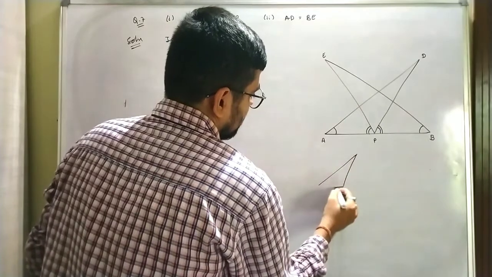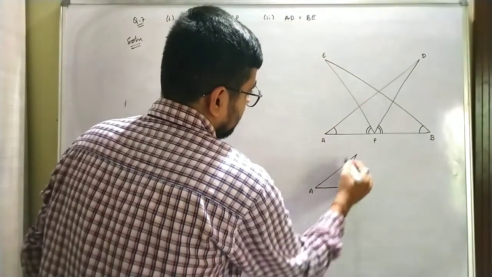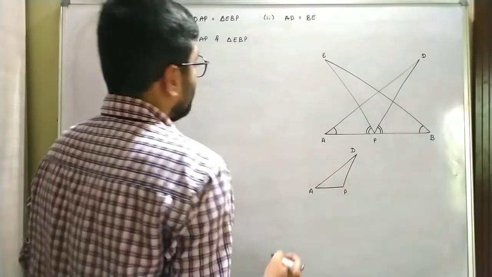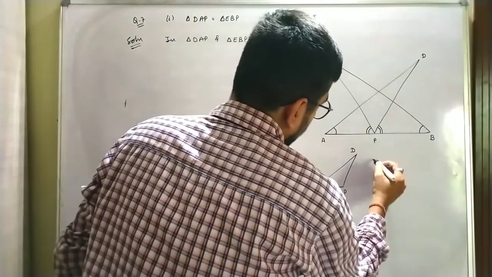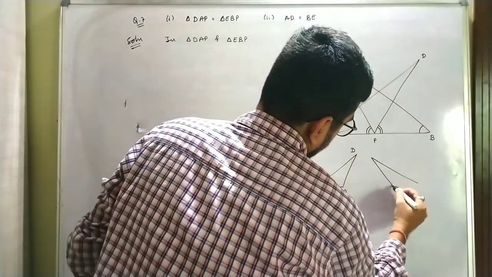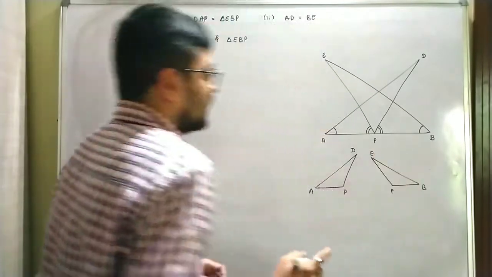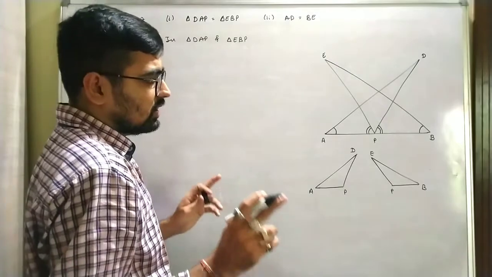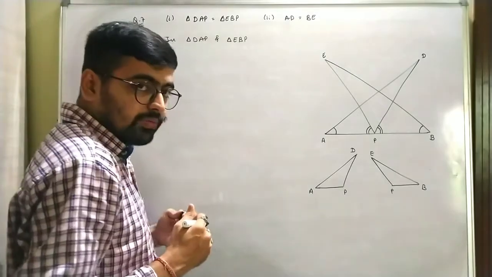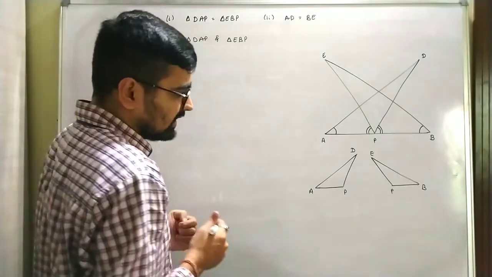This is DAP, and the second one is EBP. Simple. Now in these two triangles, the things which we have and things which we need, वो थोड़ा सा देख लेते हैं.